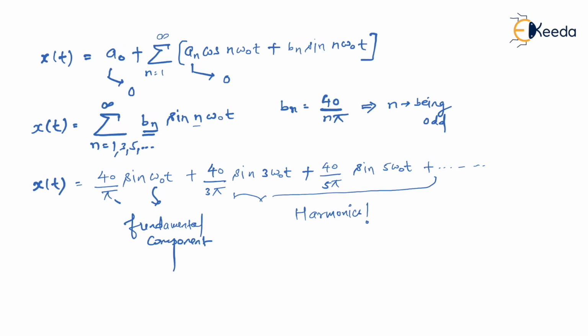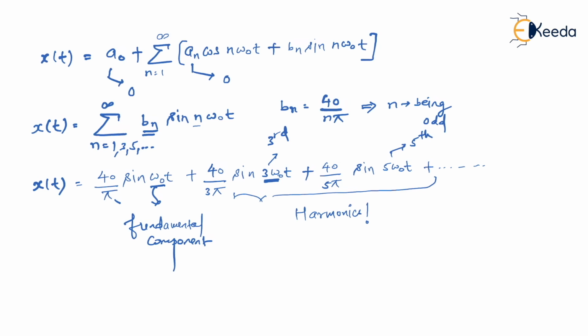That is, if I say omega naught is the fundamental frequency, then 3 times omega naught is referred to as the third harmonic, 5 times omega naught is the fifth harmonic, and so on. What you can also conclude from this is, first, that only sinusoidal components are present. Secondly, only odd harmonics are present. Also, the DC value is equal to 0.